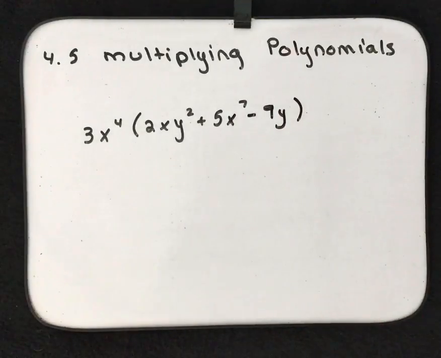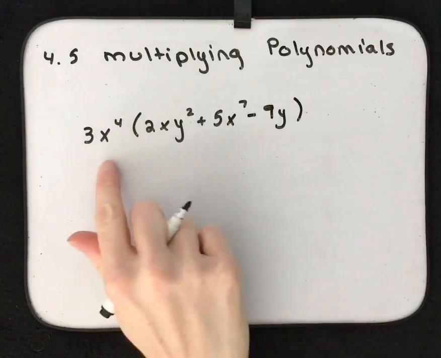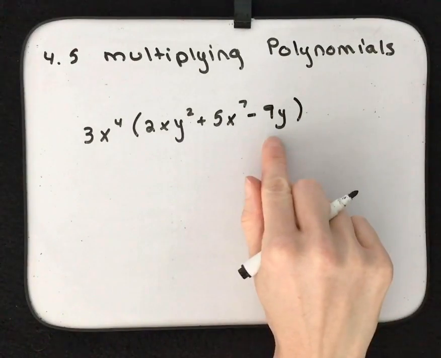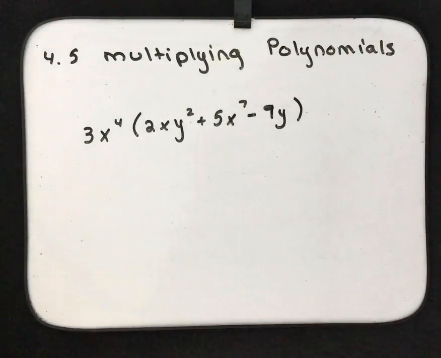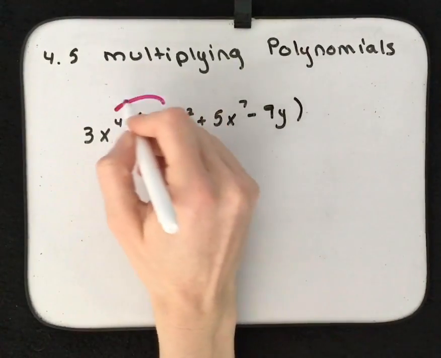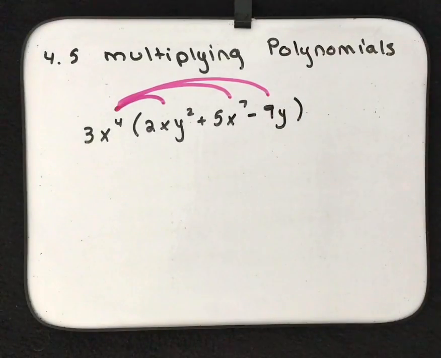Now this time we have a polynomial right here. We have a monomial here, there's no addition or subtraction. But then we have a trinomial here, a 3-piece polynomial. So that means that we want to consider our distribution. So if we distribute this to each piece, then we will be able to simplify it down.